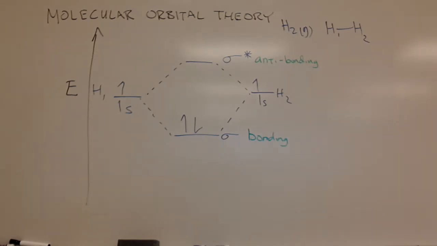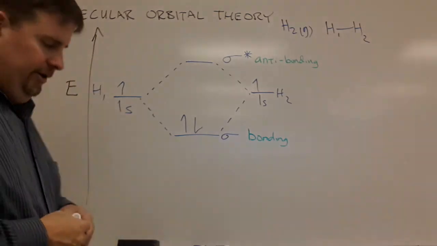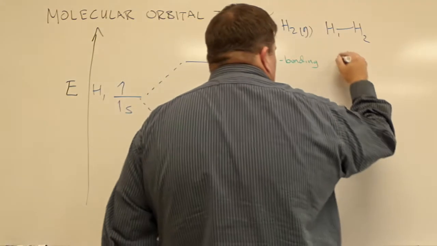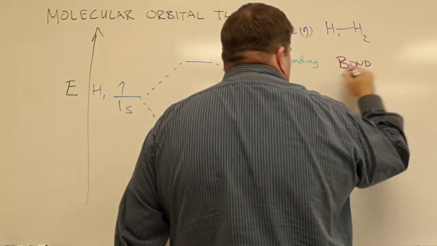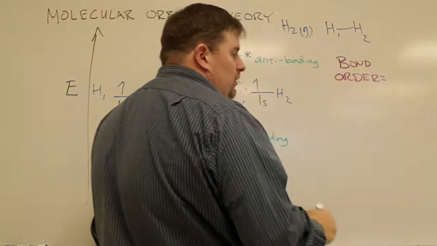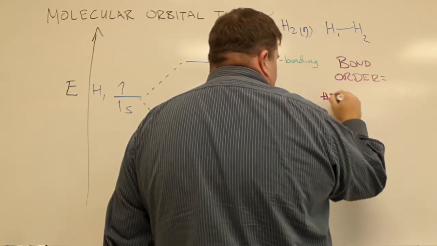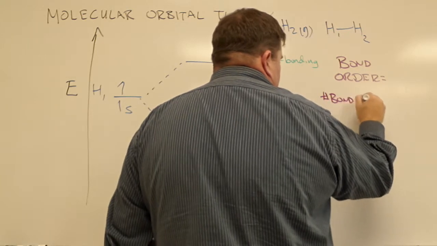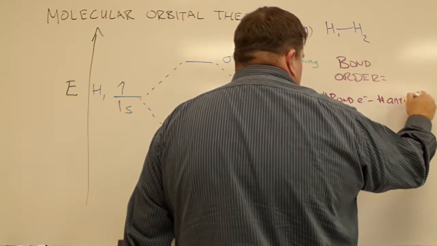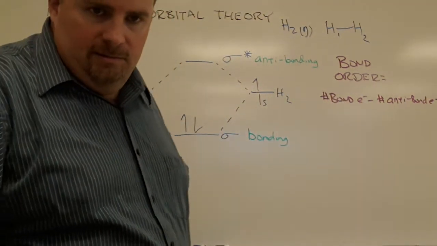Now, I can always find out how many bonds are between each of the atoms using something called bond order. And bond order is equal to the number of bonding electrons minus the number of antibonding electrons. Is that still on the screen?